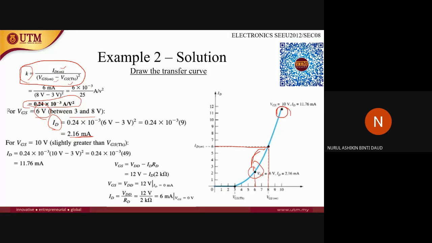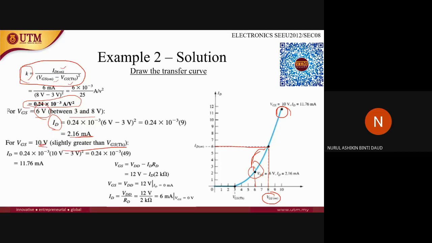For this example, we choose another point which is slightly greater than the 8 volts given to you just now. So we choose 10 volts.